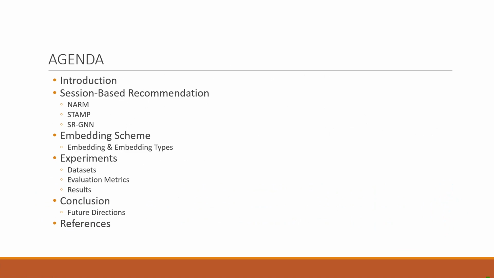Then, I will give a brief introduction to the embedding scheme, including what embedding is and what the embedding types are that we have used within this study. Then, I'm going to talk about the experiments that we have conducted during this study, including the datasets that we have used, the evaluation metrics that we have used as performance criteria, and the results that we have observed.